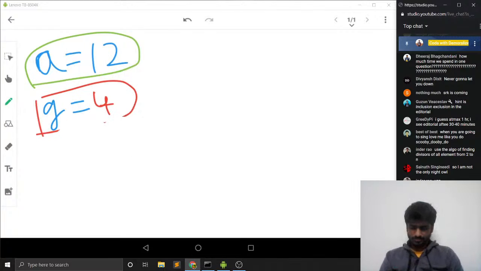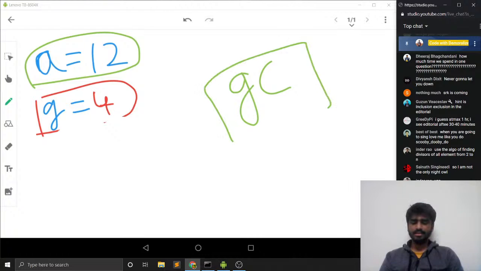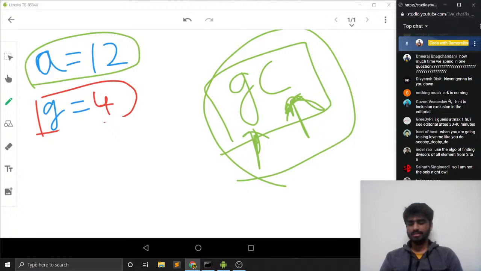Okay, so maybe this will work for the sum of lengths too, because if I write it in the GC form, in which G was the GCD and C was the count by which each element is contributing to the GCD, then I think we can use inclusion exclusion on this.